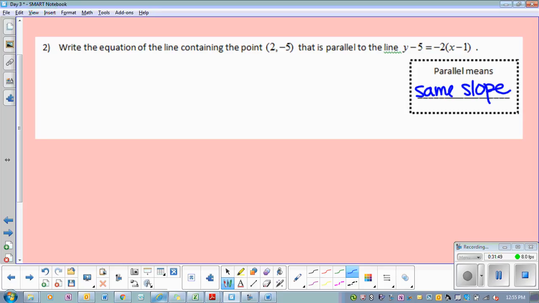Parallel means that they have the same slope. So if it's parallel to this line, what's my slope there? -2. Yeah. So slope equals -2. That's what I want to use, and I'm going to use these points here.